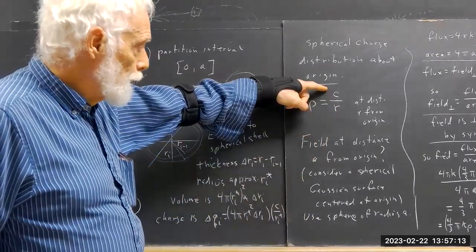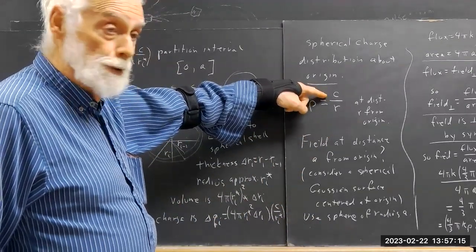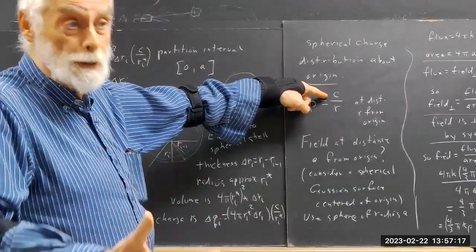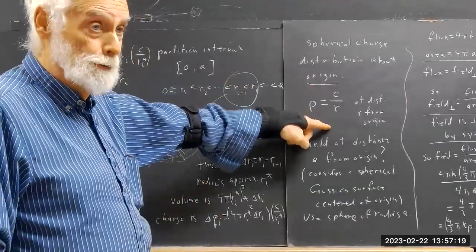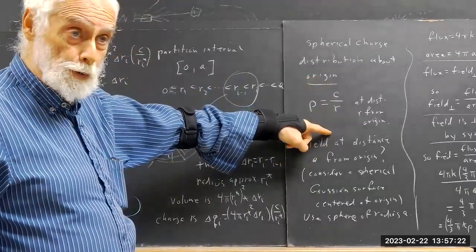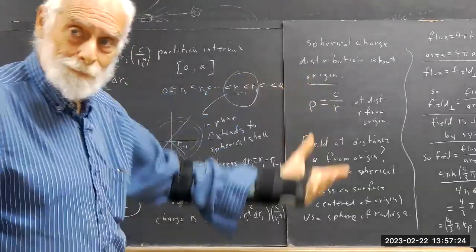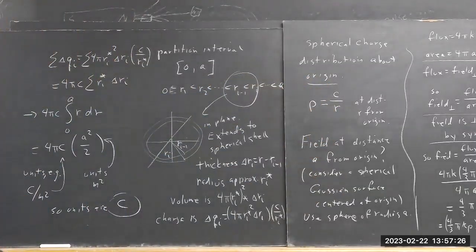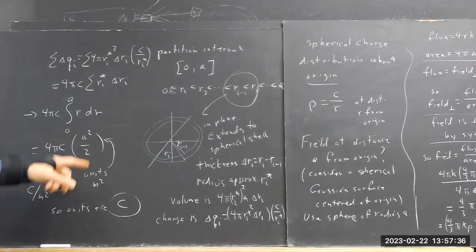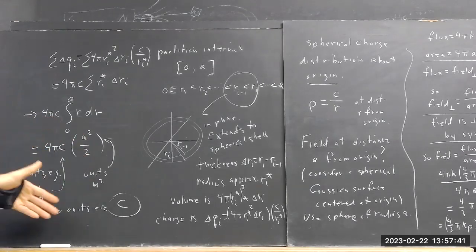Using coulombs and meters as I do, we see then that C here is in units of coulombs per meter squared, as I said. And of course, a squared is going to be in units of meters squared. Coulombs per meter squared times meters squared is coulombs.